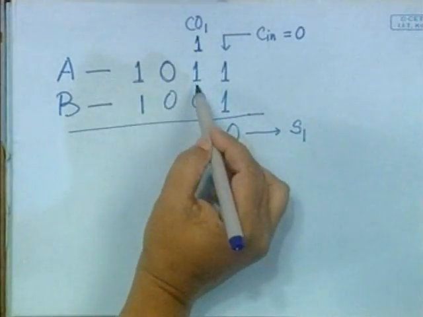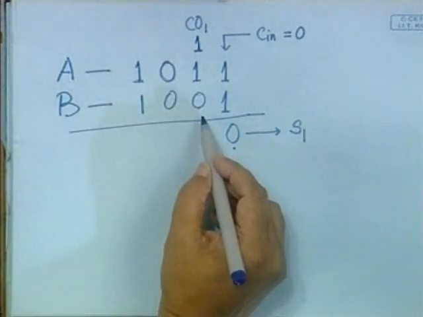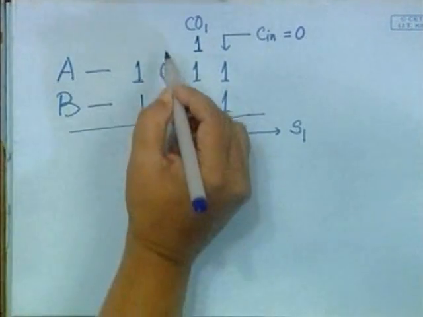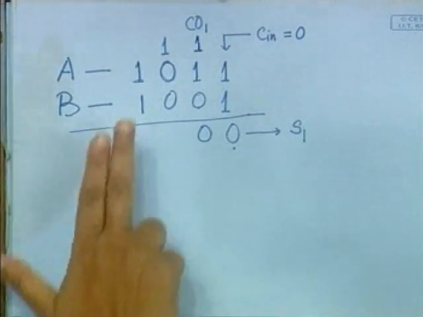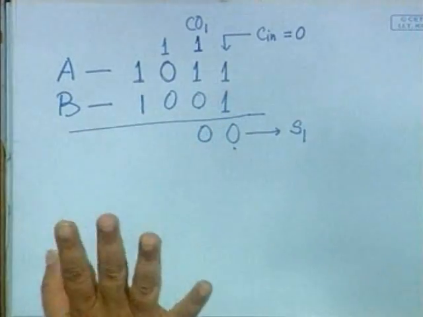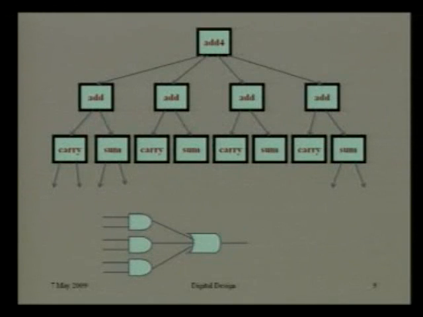So this is 1 plus 1 plus 0, which is 0 again with carry. So actually I need four 1-bit adders. For every adder there are 2 output bits, sum and carry, sum and carry, in this way.